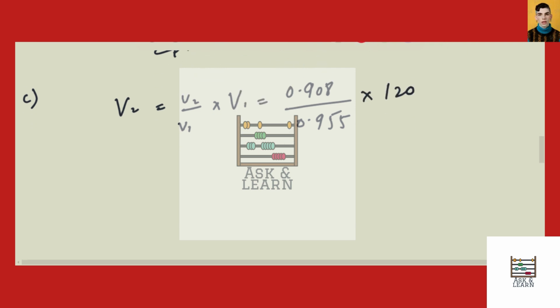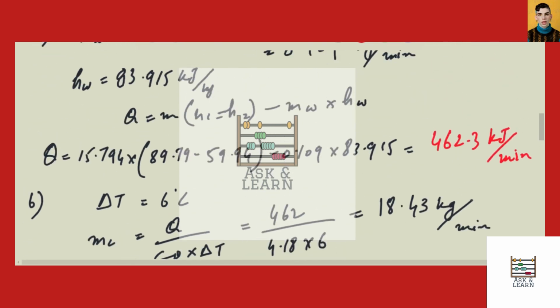So guys, the answer to V2 is equal to 114.09 meters per minute. So guys, these are the answers to this question.